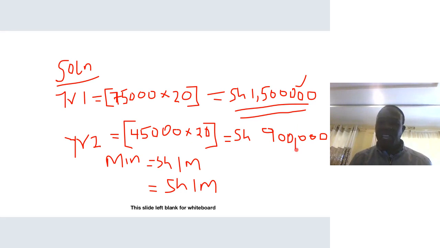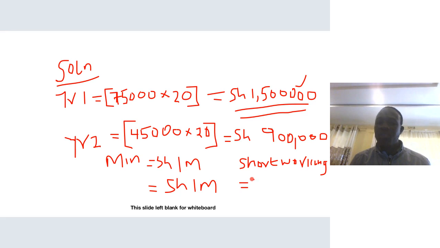So in such a case, in year two, we will now have a short working. We have a short working of the difference between the 1 million and 900,000.